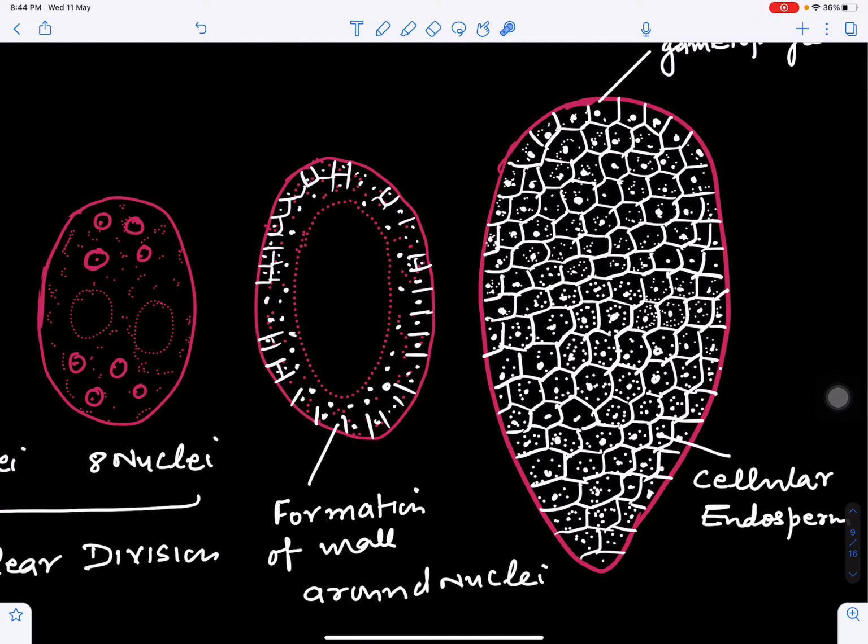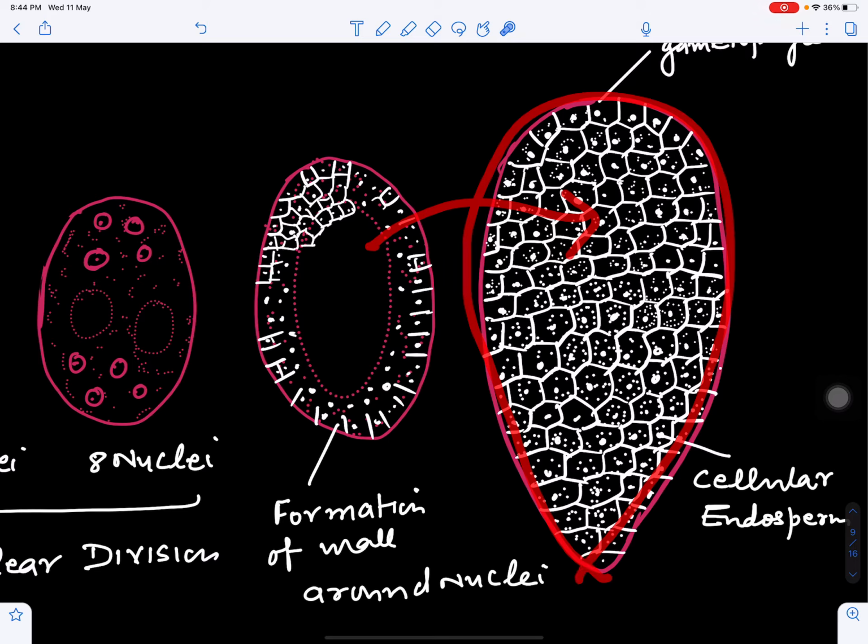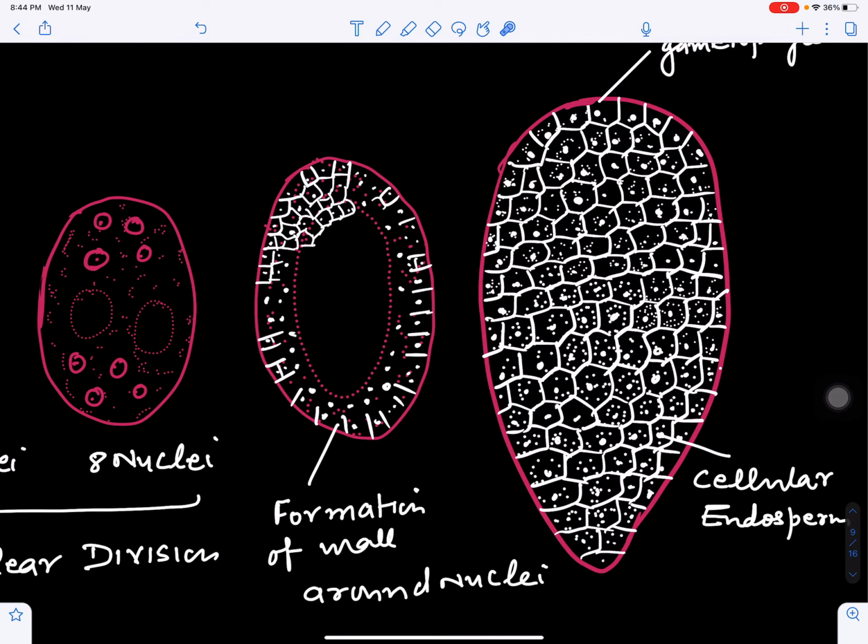Ultimately, when wall formation is taking place, this part will also become cellular. So all the nuclei, wall formation will take place, and ultimately this area will also be filled and become cellular in nature. We can see here this will enlarge in size also, and all the cells are haploid in nature.